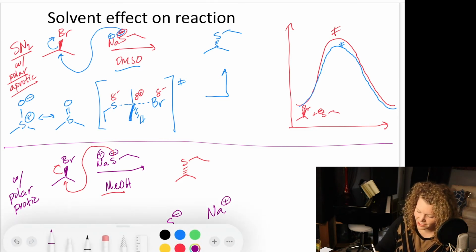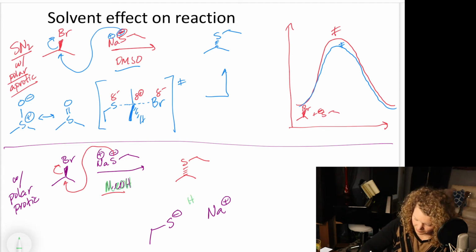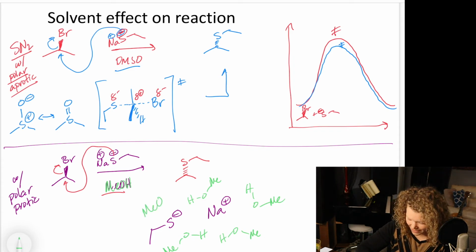And then we have tons and tons of methanol. I'm going to draw a whole lot of random methanol molecules. We draw things on 2D pieces of paper and forget how messy they are.